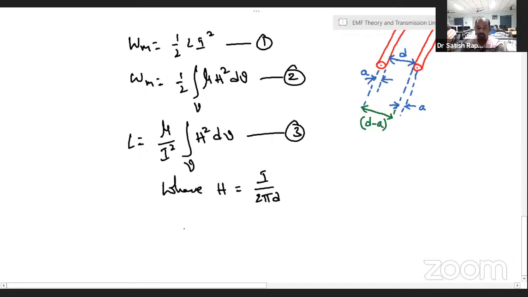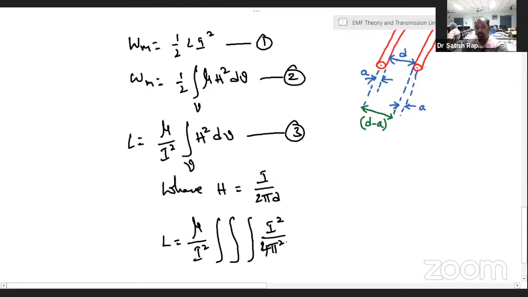So therefore L is equal to mu by I square, and h square is I square by 4 pi square d square, rho d rho d phi dz.